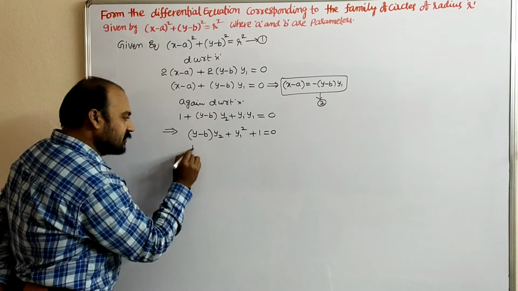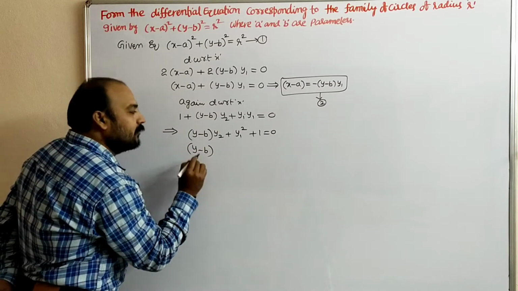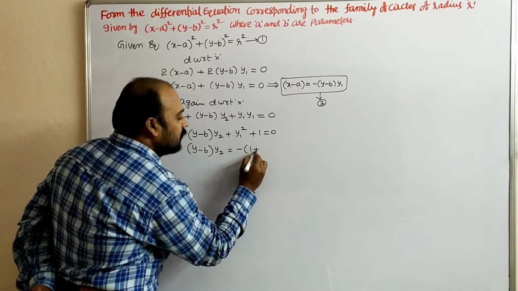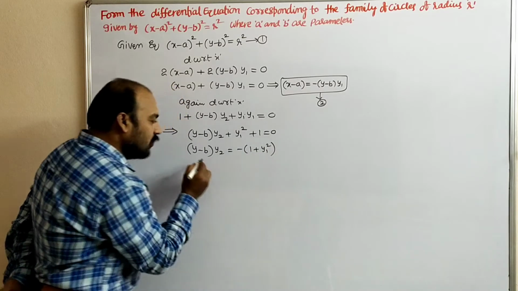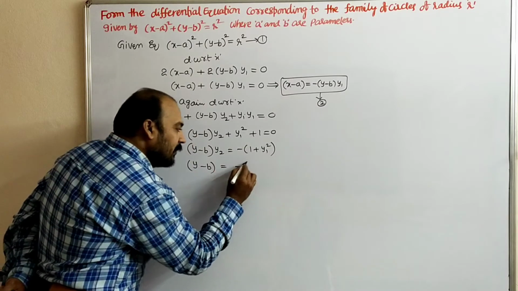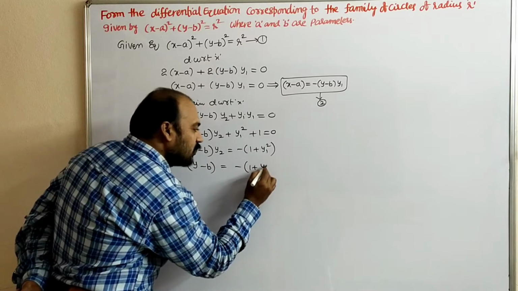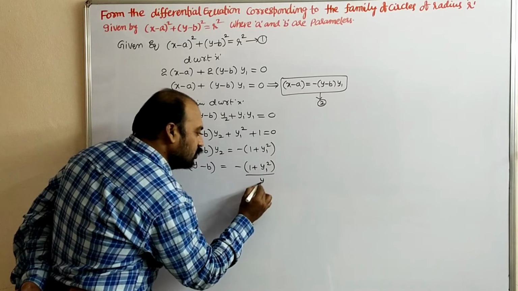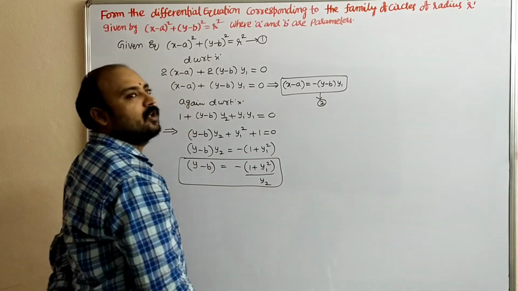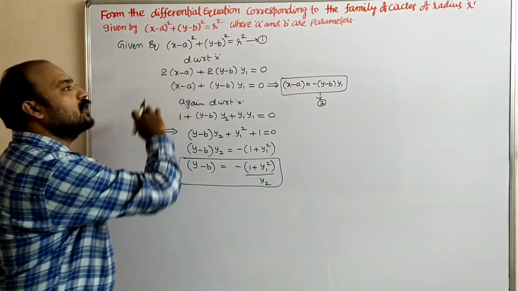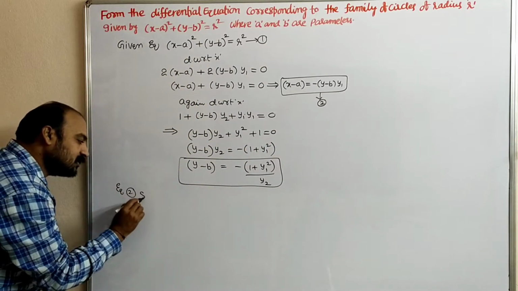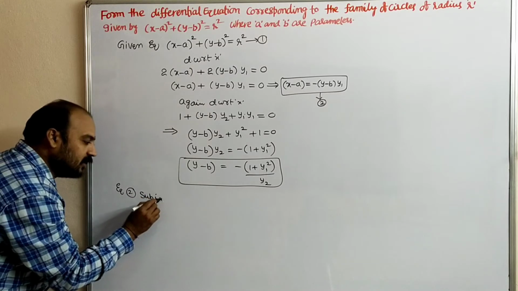Again from this, y minus b into y2 equal to minus of 1 plus y1 square. Make y minus b the subject: y minus b equal to minus of 1 plus y1 square divided by y2. Put this value in a box as equation 3. Now equation 2 substitute in equation 1.